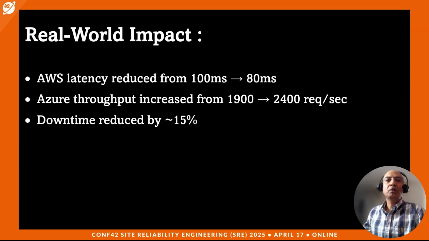Across all platforms, overall downtime was reduced by around 15%. These numbers might seem small at first, but in cloud environments, especially with high traffic or mission-critical applications, even a few milliseconds of latency or a few percentage points of uptime can make a huge difference in user experience and business opportunities.